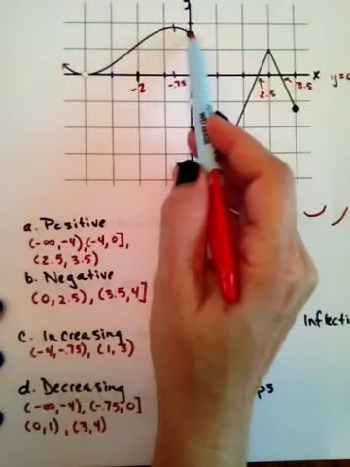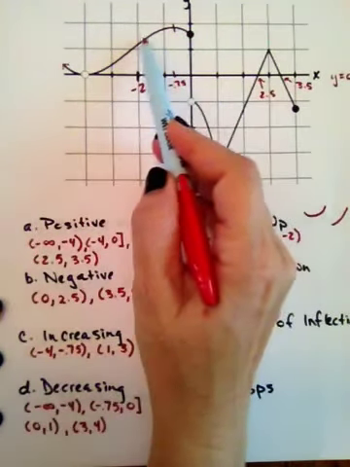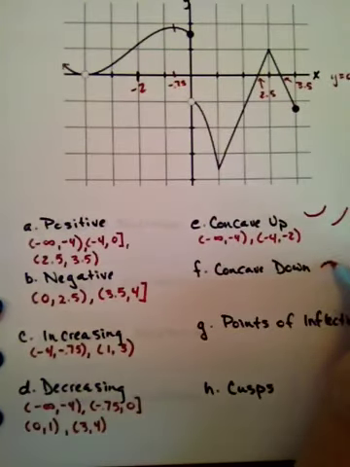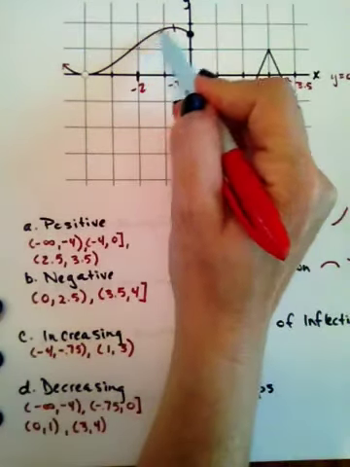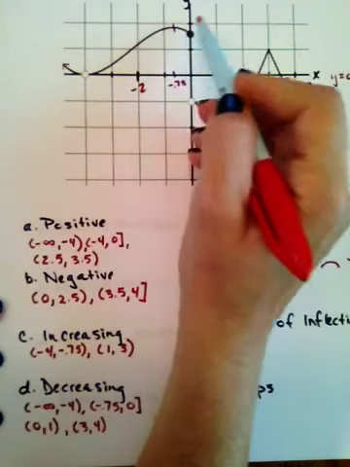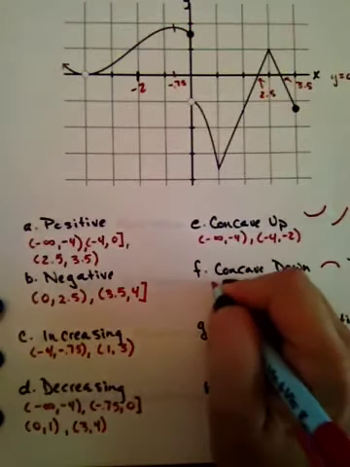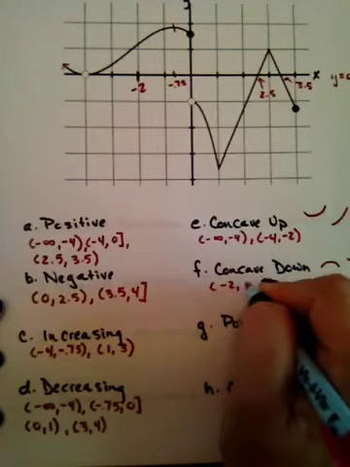Now from -2 to 0, we are bowl shape down, concave down. Again, you don't have to have both sides of the bowl. It can be part of it or this part here, but we actually have both sides here. So it is bowl shape down, concave down, and we're going to say that is from -2 to 0.